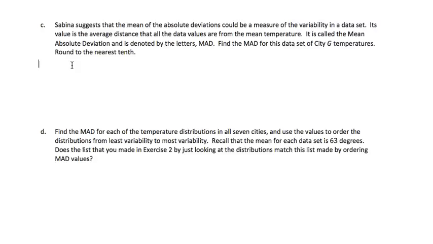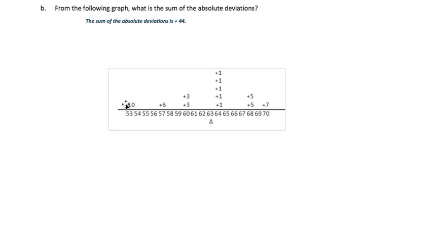Just to be clear, what we're going to do is take the sum of all of the absolute values of the deviations. Remember, that's what we were doing. All the absolute values, we added them up and found that the sum was 44. And then we're going to divide by the number of values that we have. 1, 2, 3, 4, 5, 6, 7, 8, 9, 10, 11, 12.